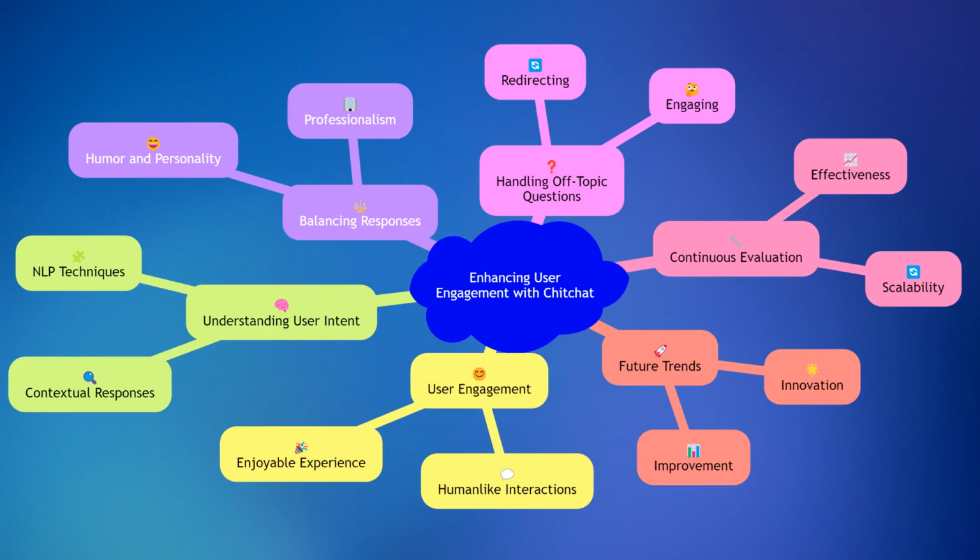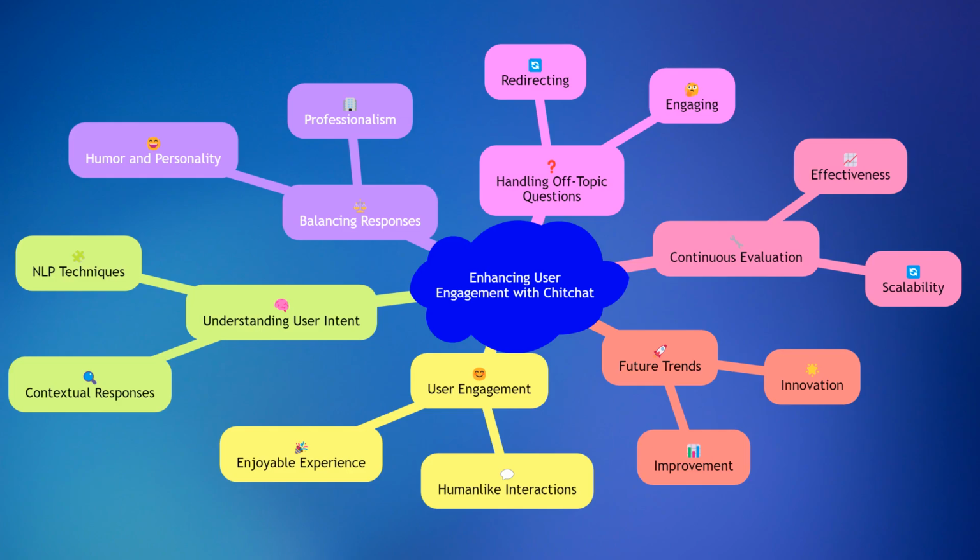Adding chit-chat to a knowledge base significantly enhances user engagement and satisfaction by making interactions more human-like and enjoyable. It involves understanding user intent, designing varied and contextually appropriate responses, and leveraging NLP techniques to create relevant and engaging interactions.